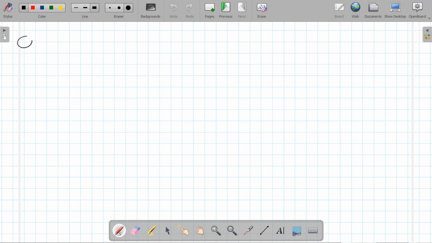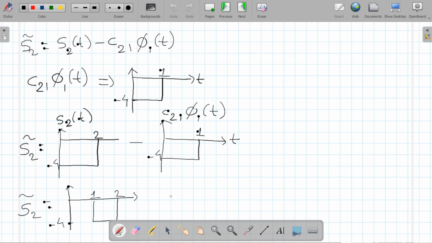Now we finally need phi 2 of t. In order to get phi 2 of t, we will get S2 tilde of t by root E. Now, what is S2 tilde of t we get? This is what we get. For this, if we calculate the energy, it equals the integral from 1 to 2 of minus 4 whole squared dt. By this time, I hope you are able to calculate how we are calculating energy.